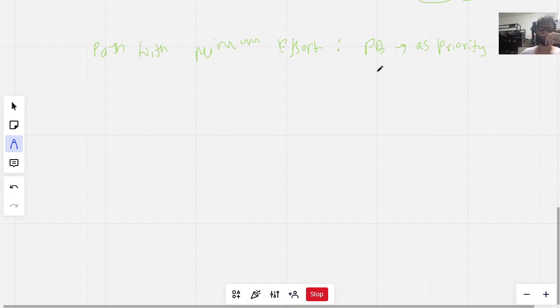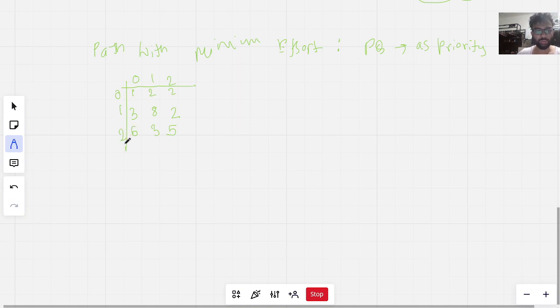Before making a priority queue, let's draw the initial matrix. The elements are 1, 2, 2, then 3, 8, 2, and then 5, 3, 5. I will mention the row and column indices 0, 1, and 2.